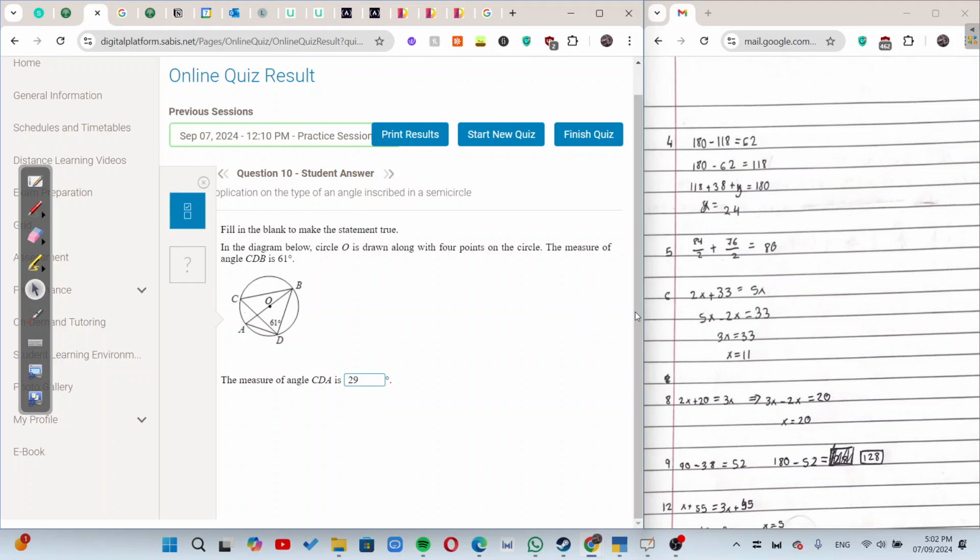Okay, so for this question, we need to find the measurement of the angle CDA. This question is a bit like the one before it. We could see here that line AB is passing through the center, so it is a diameter. We know that this angle is 180, again, because it's a semicircle.